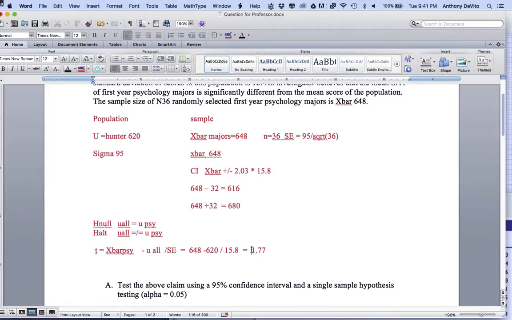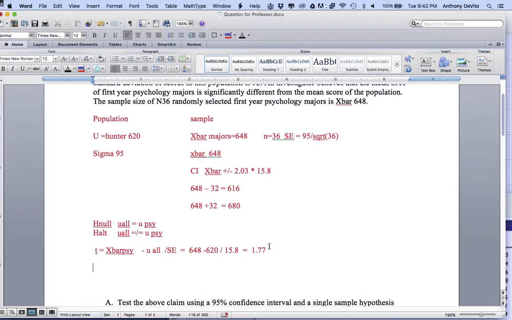So the t-score that we get for the comparison of these two means is 1.77. Can I reject the null hypothesis? Opinions? No, I can't reject the null hypothesis. I fail to reject the null hypothesis.